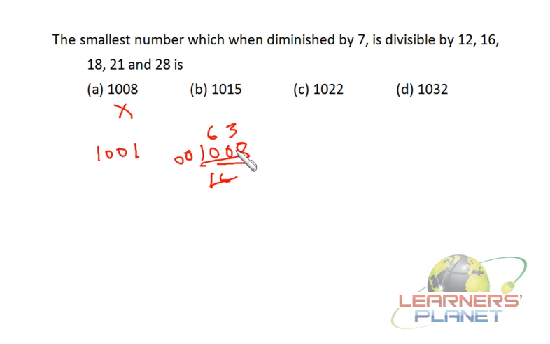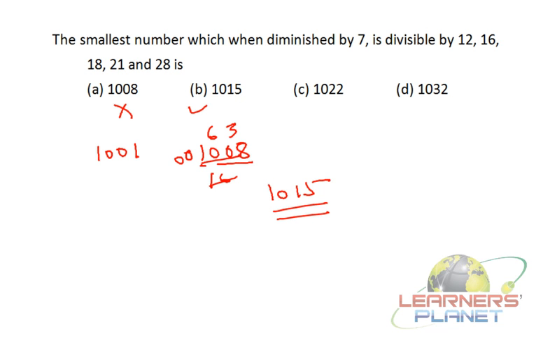So this number is divisible by 16. So it can be one of the choices. Or we can say, since all the conditions are fulfilled by 1015 and it is the smallest among all the 3, we are not going to check the other 2 options. 1015 will be the correct choice.